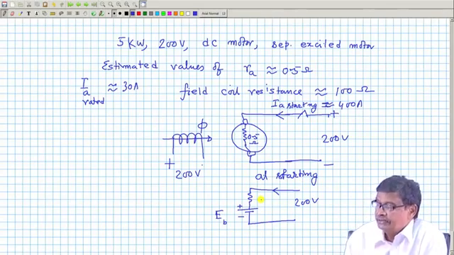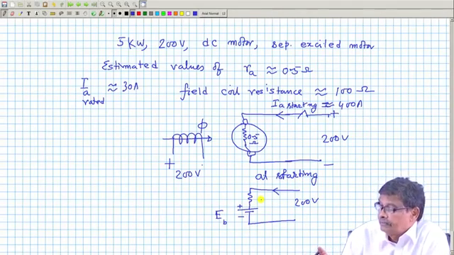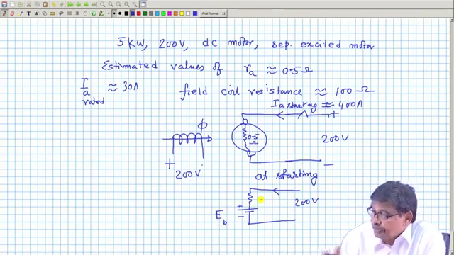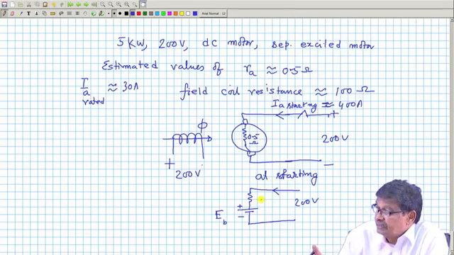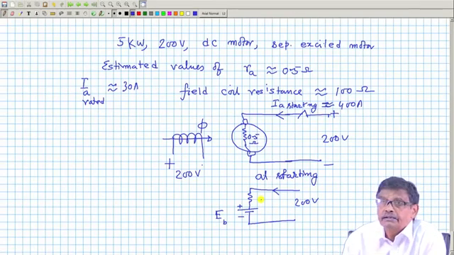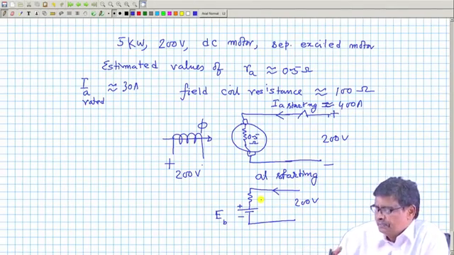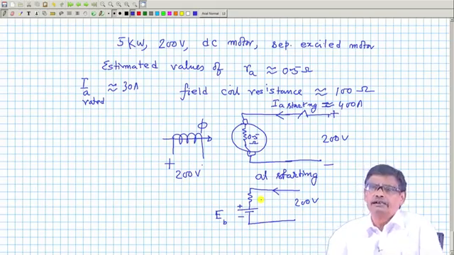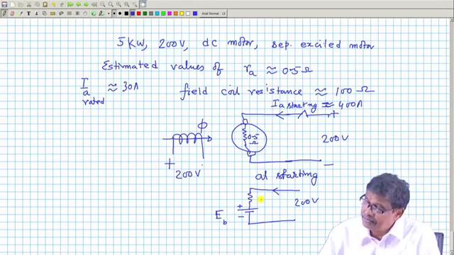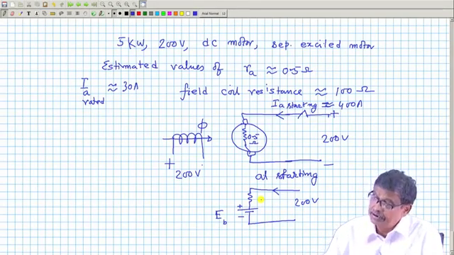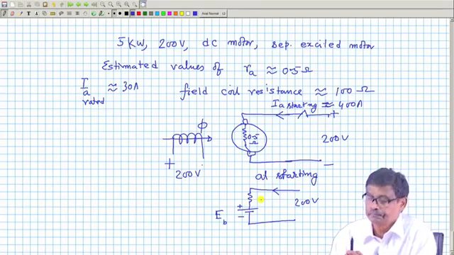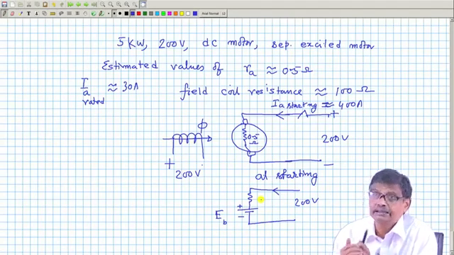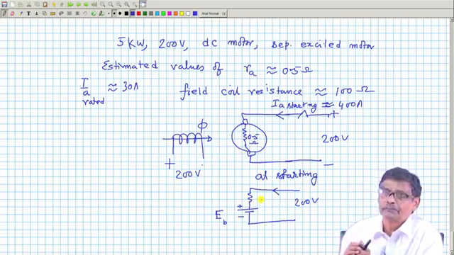Now, the question is, if the inertia of the machine is large, this level of starting current will persist for a longer time. If the machine picks up speed very slowly because of high inertia, this level of current will be there for longer, and then it is really a problem.